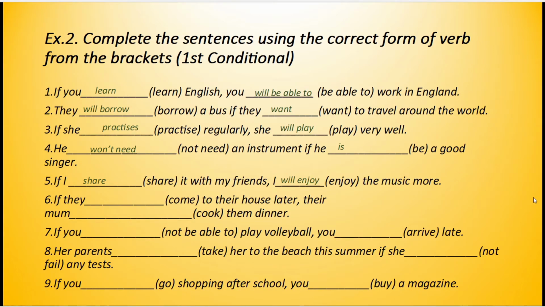If they come to their house later, their mom cook them dinner. If they come to their house later, their mom will cook them dinner. If you not be able to play volleyball, you arrive late.